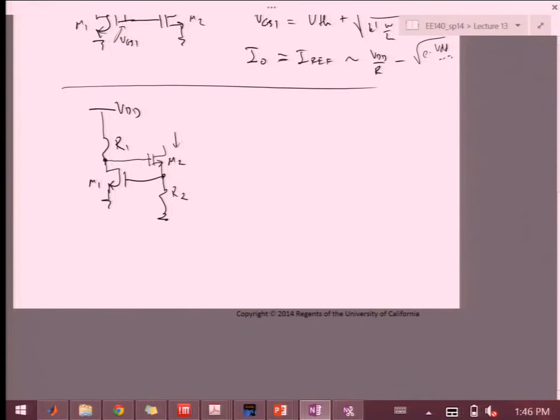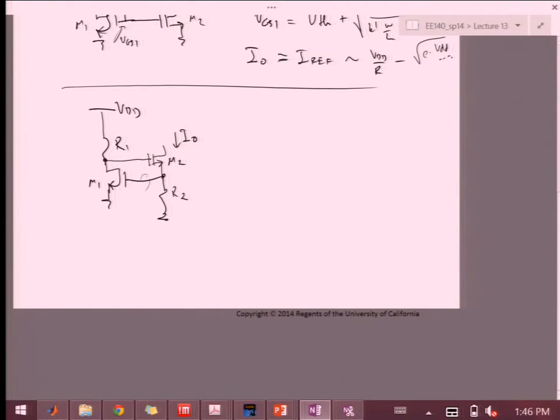My I out is a function of what? Is there any current here?